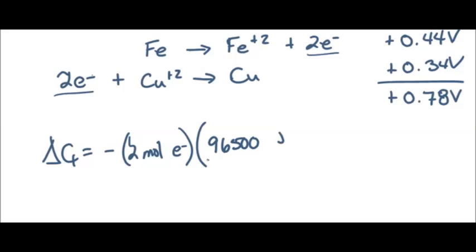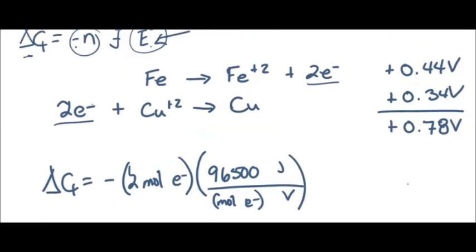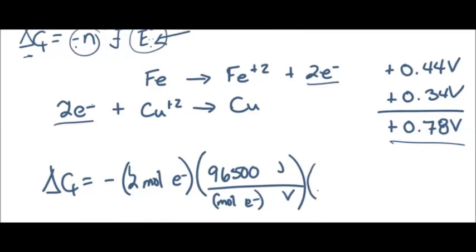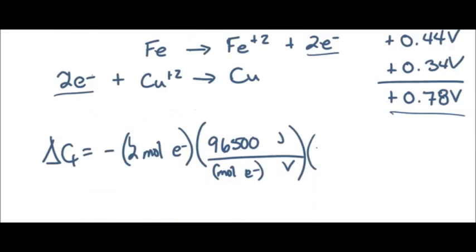And again, a coulomb is a joule per volt, and it's per mole of electrons. Okay, and then our voltage, our E here, is that value there, so the positive 0.78 volts. And let's type all that in.